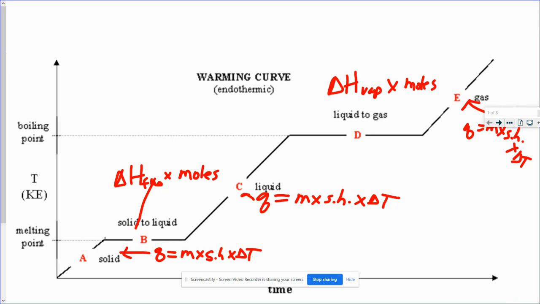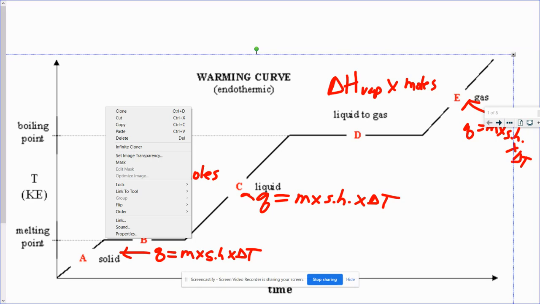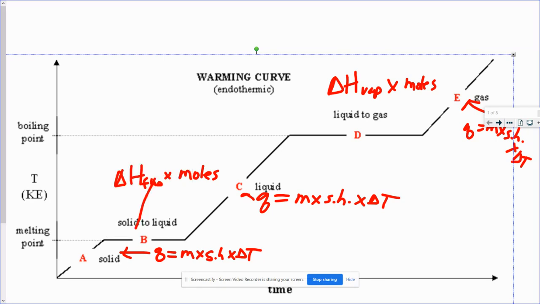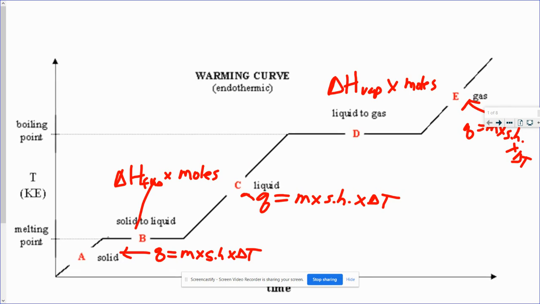At the melting point, it will not rise in temperature anymore the whole time it's melting.